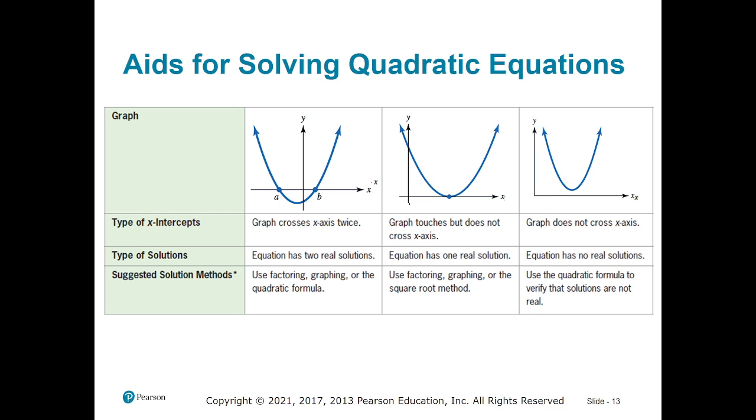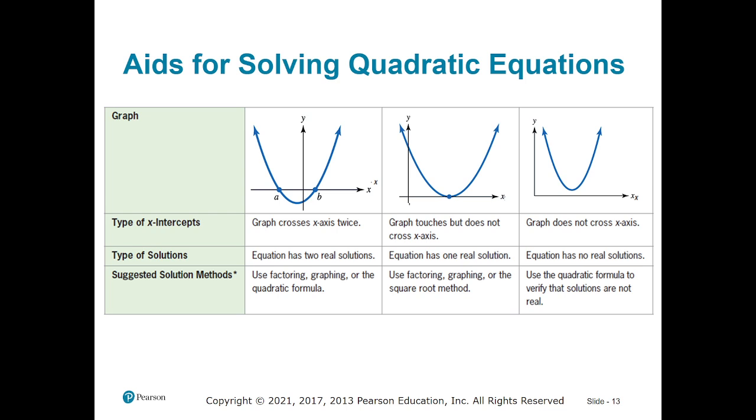Okay, if we want to try to solve this kind of equation, we're going to want to factor or graph or use the square root method, right? Those are going to be our best case scenarios there. But we do have one more scenario. If the graph does not cross the x-axis at all, then the equation has no real solutions, and we want to use the quadratic formula to verify the solutions are not real, right?